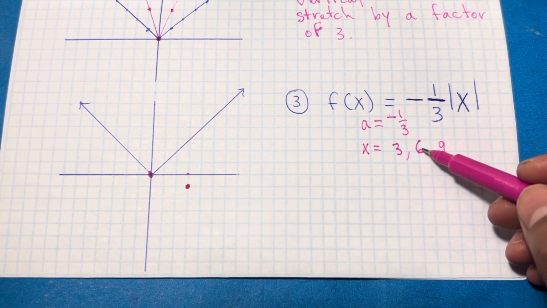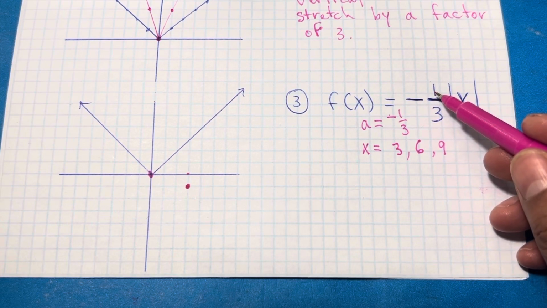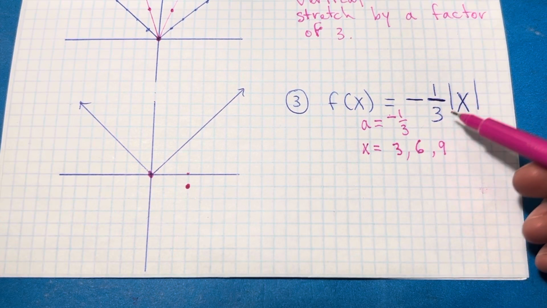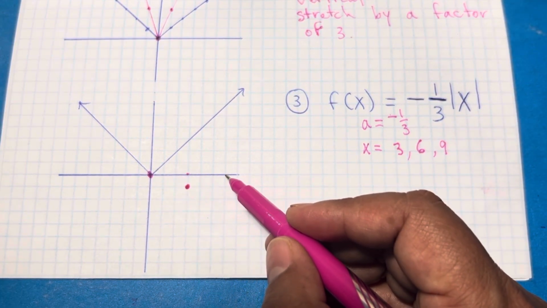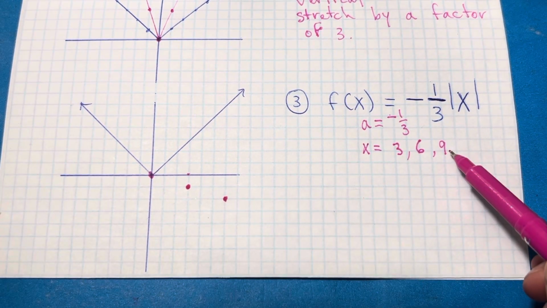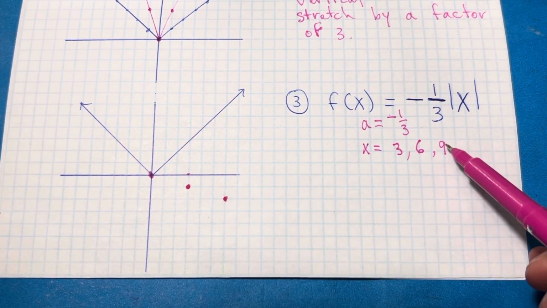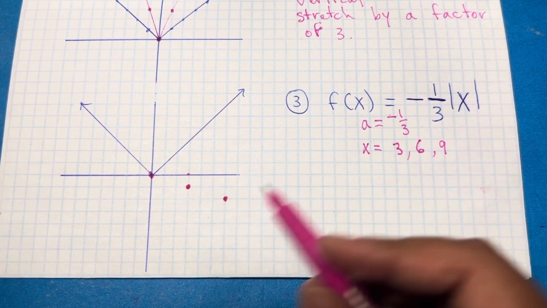6. 6 times negative 1 is negative 6. Negative 6 divided by 3 is negative 2. So when x is 1, 2, 3, 4, 5, 6, y will be negative 2. And then when x is 9, 9 times negative 1 is negative 9, divided by 3 is negative 3.